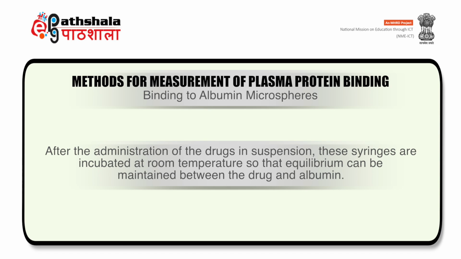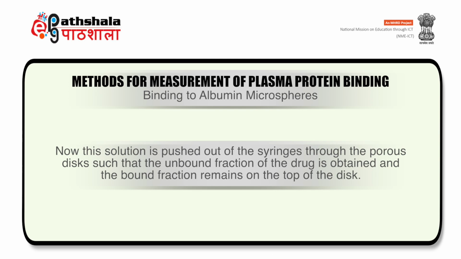After administration of the drug in the suspension, these syringes are incubated at room temperature so that equilibrium can be maintained between the drug and the albumin. Now, this solution is pushed out of the syringes through the porous disc such that the unbound fraction of the drug is obtained and the bound fraction remains on top of the disc.